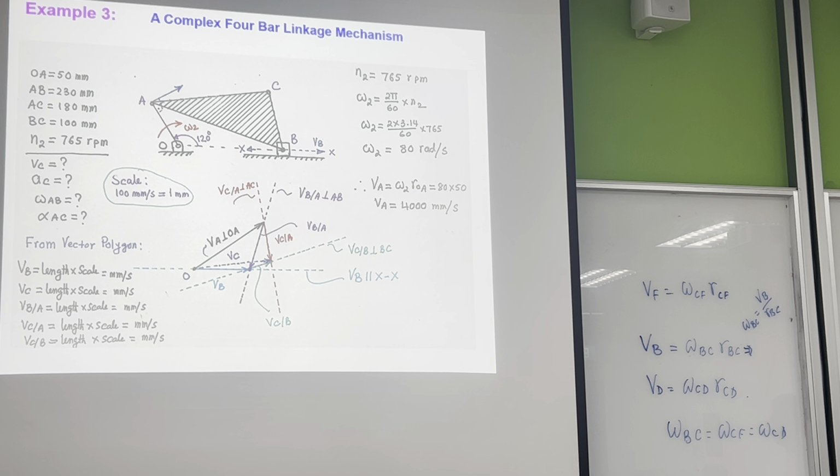So what we did, we set up two equations. Either way, but I show you the next step we'll be doing. So I set up VC equals VA plus VC related to A. That's the one equation.